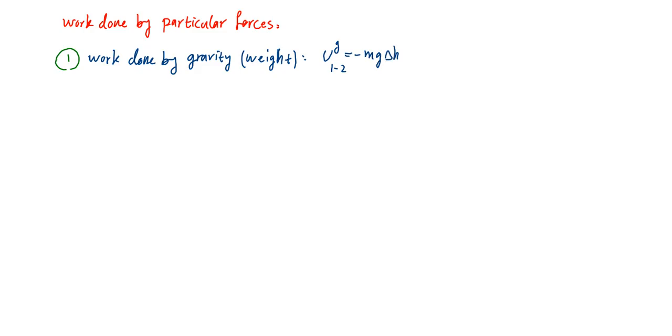Always keep in mind that this whole expression, work done by gravity, is negative if the height increases, and it's positive if the height decreases. So always keep that in mind, and when we are calculating this delta h, make sure that you follow this rule.